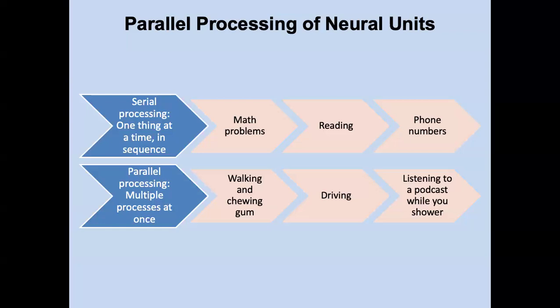If you don't do that, you're not going to understand what you're reading. Phone numbers, if you don't do it in order, you're going to get the wrong person. Parallel processing is doing multiple processes at once. So driving is my favorite example of this. You are doing so many things when you're driving. But it's really any multitask situation.